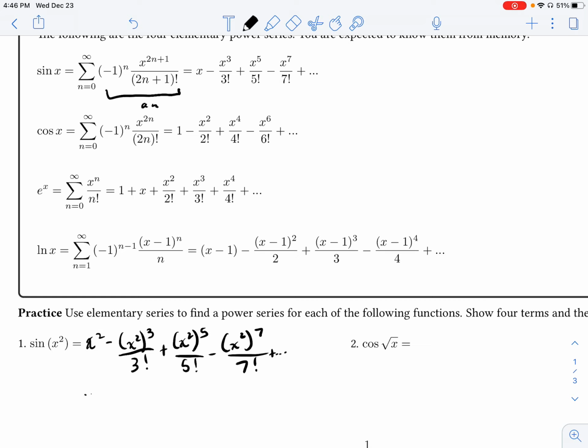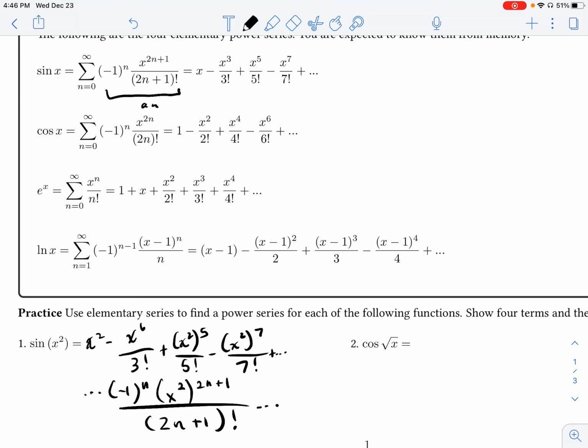So we would say negative 1 to the n times x squared, again we're plugging in x squared, to the 2n plus 1 over 2n plus 1 factorial. Now, we can leave this as it is, and if we want to, we can clean up some of these things, like x squared to the 3rd power, we would just write as x to the 6th, and so on. I'm not going to do it for the rest of them. Hopefully you get the idea.